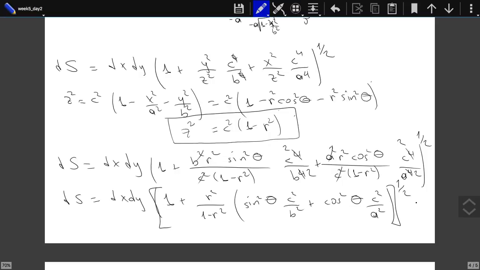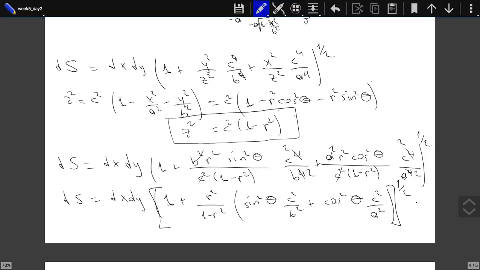Just try to plug in dx dy and see if there are simplifications. Plug in the sigma. We haven't yet written down sigma here. We have to multiply this by sigma. Now, if you put in the sigma also, you will see that it turns out to be quite a simple integral. Just don't be afraid by the first sight of it.